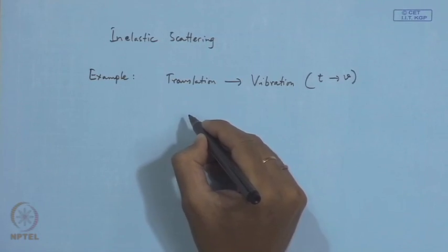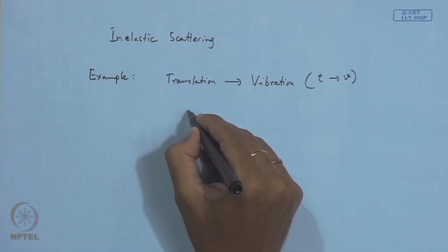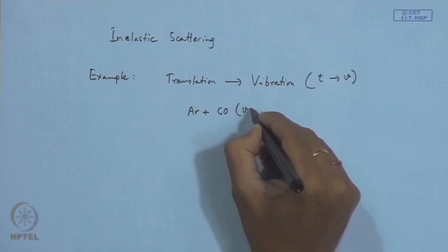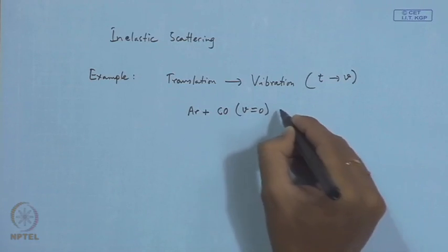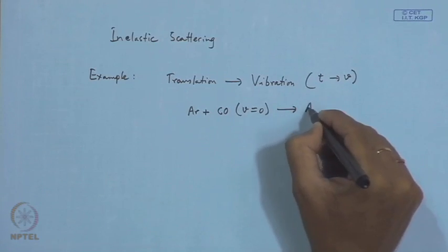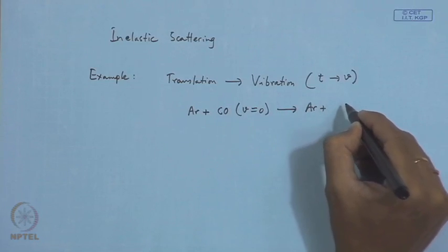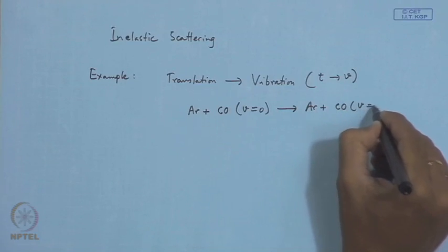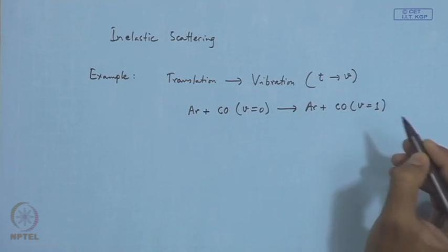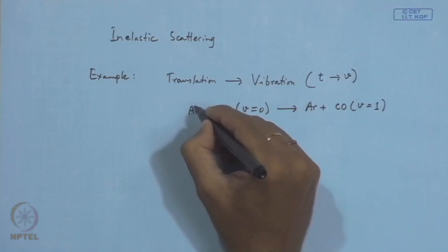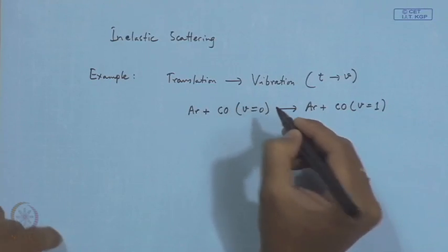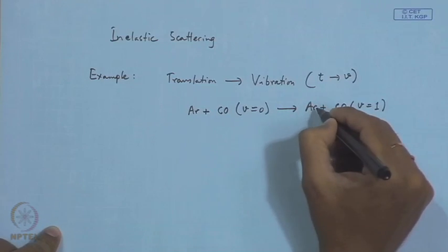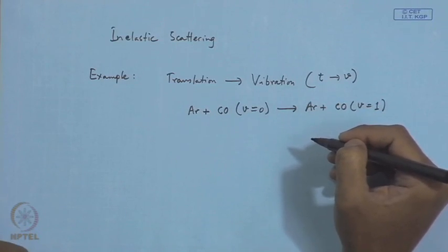If it is inelastic scattering, then maybe argon plus carbon monoxide in V equal to 0 collides, giving argon plus vibrationally excited carbon monoxide. So, the translational energy of argon is given to the vibrational mode, and argon gets its energy reduced.